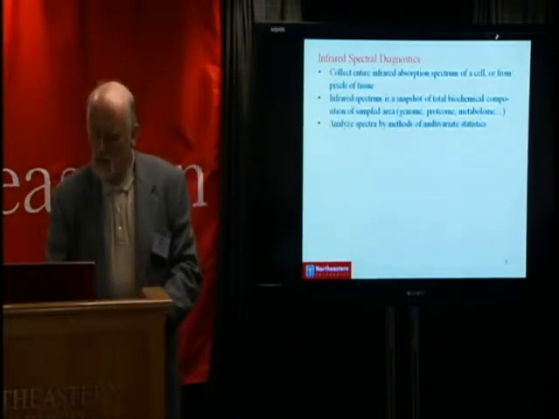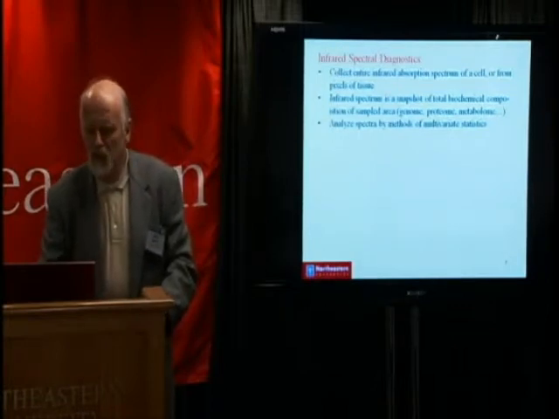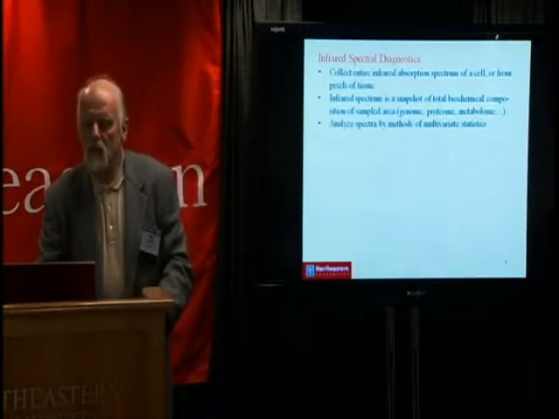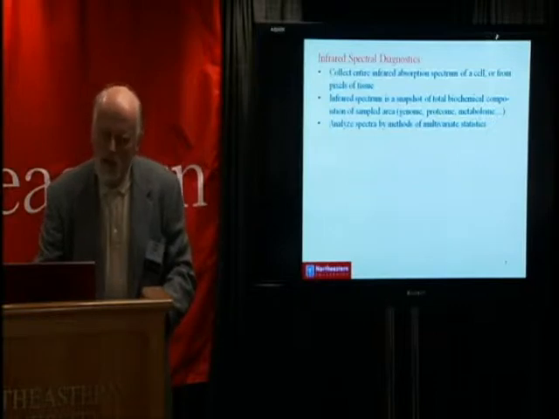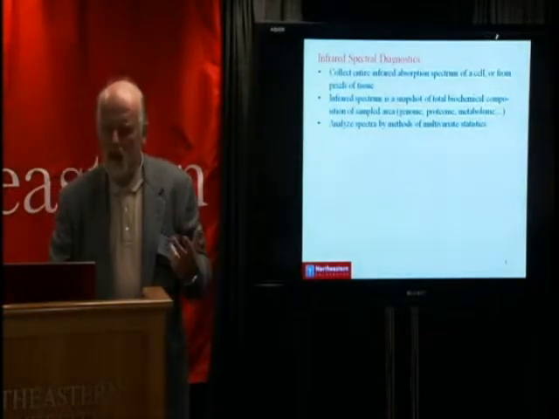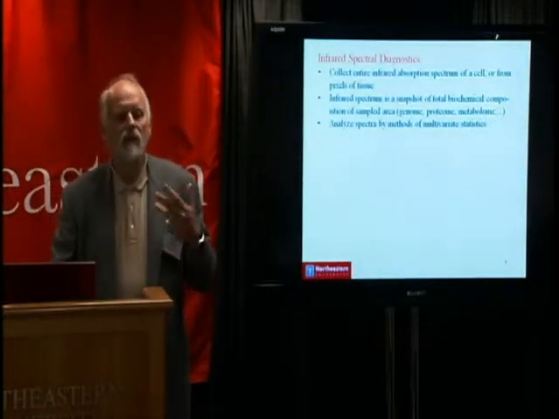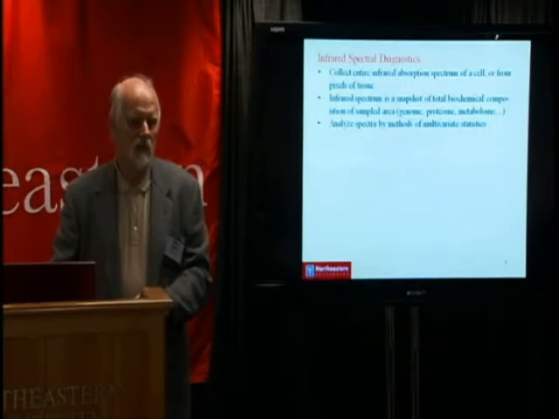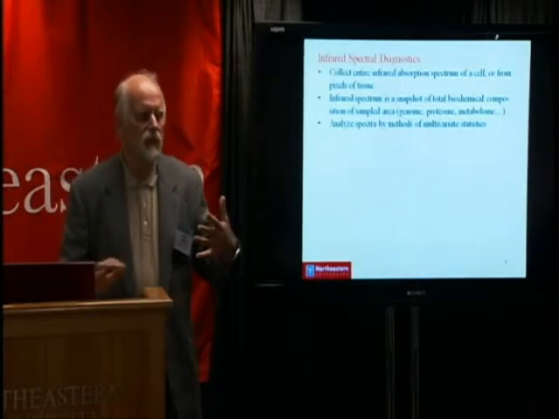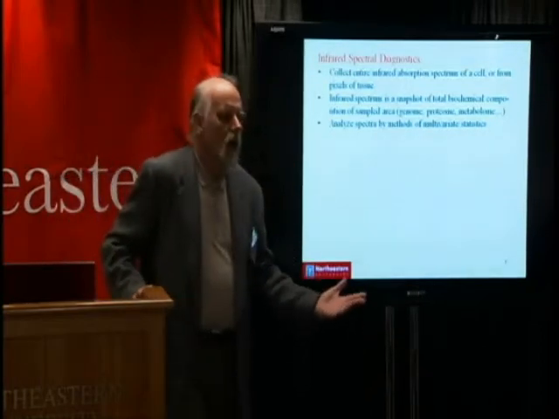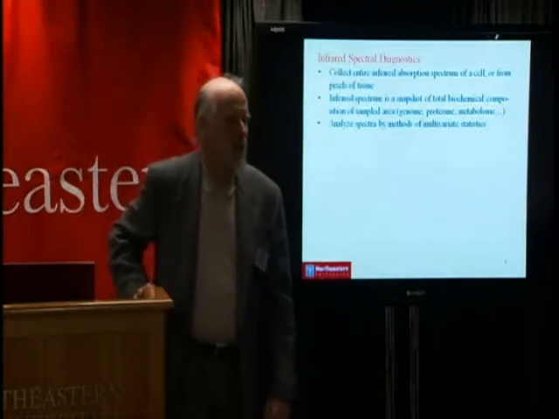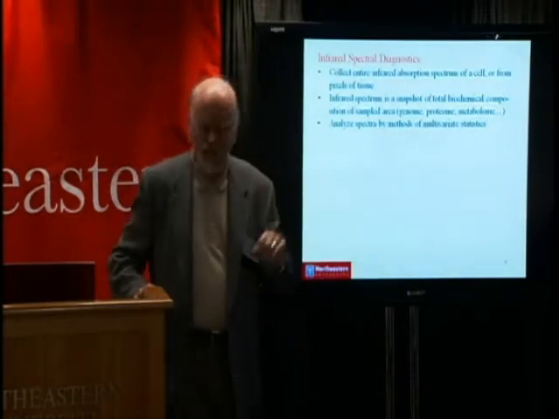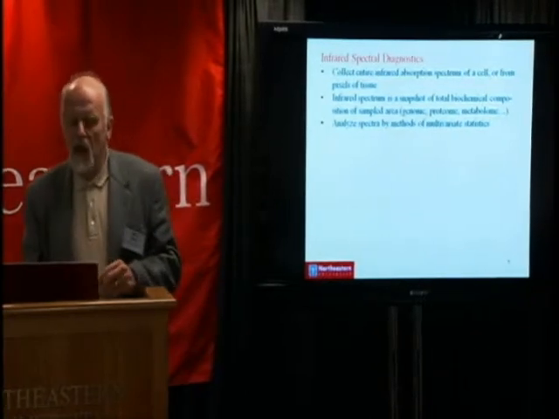The infrared spectrum is a snapshot of the total biochemical composition, and therefore contains really genomic, proteomic, and metabolomic information. We can see in the spectrum, for example, whether glycogen is metabolized by a cell or not. That is very easily detected.